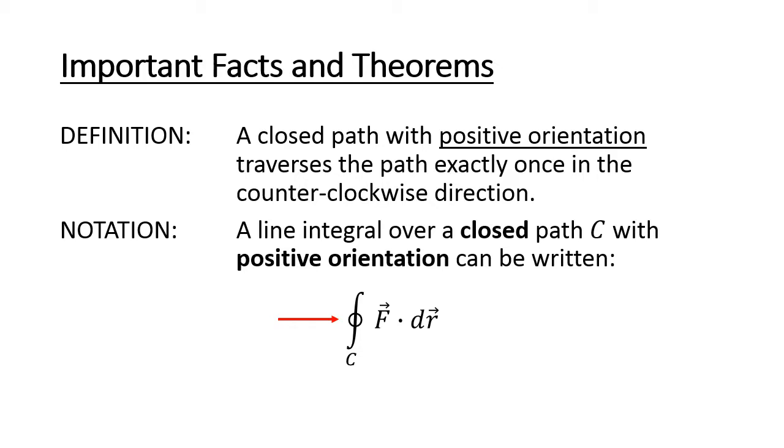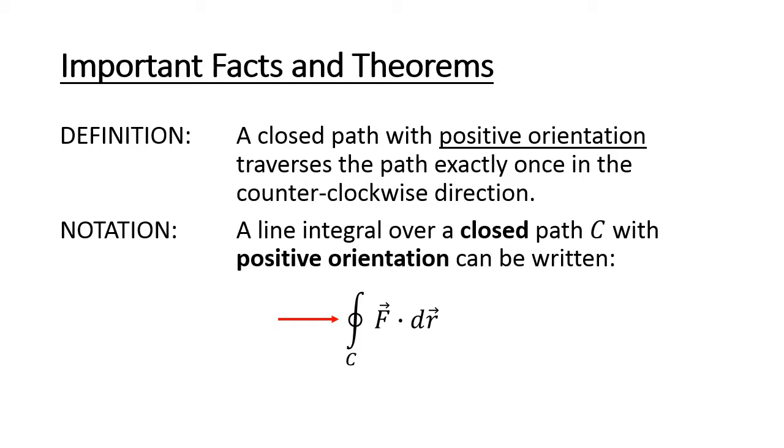The first thing I want to talk about is if we have a closed path, which we just talked about before. Closed means it's basically like a circle, and it has positive orientation. Positive orientation means that we're only traversing the path exactly once, so that the initial point and the terminal point are the same, and it must be in a counterclockwise direction.